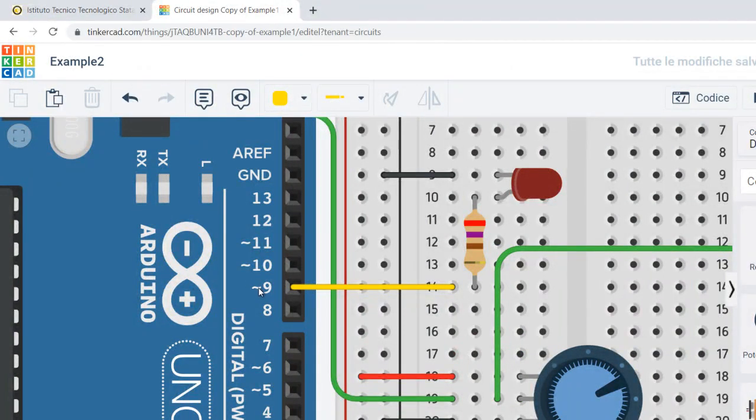That means that it is a PWM pin, and we are interested in connecting the LED to a PWM pin because a PWM pin can provide on output a square wave with a programmable duty cycle.